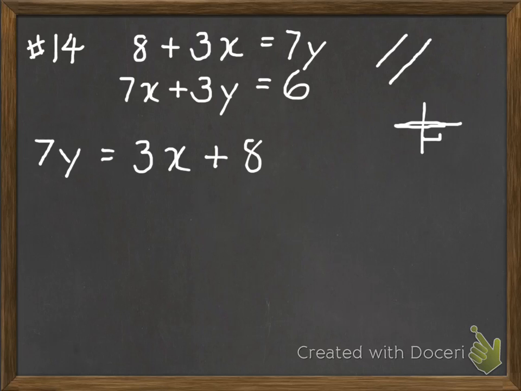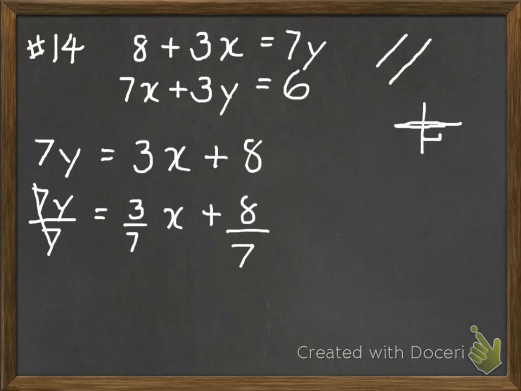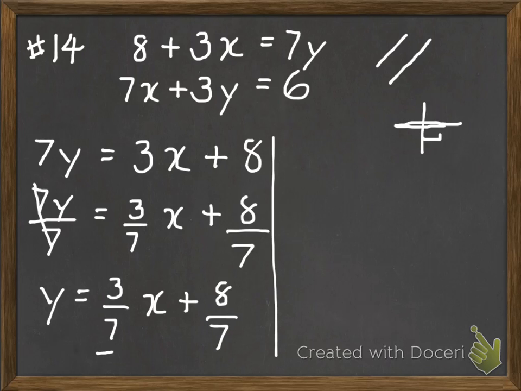So to get rid of the 7, I'm going to divide it out, and I must do that to each term on the other side as well. The 7's cancel, and I now have y equals 3/7 x plus 8/7. Okay, so here's the slope of my first line. We can call this line y sub 1, and then this would be m sub 1.